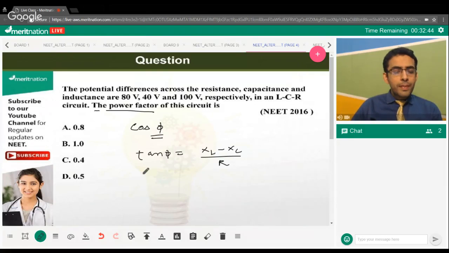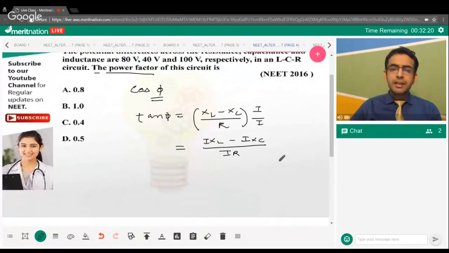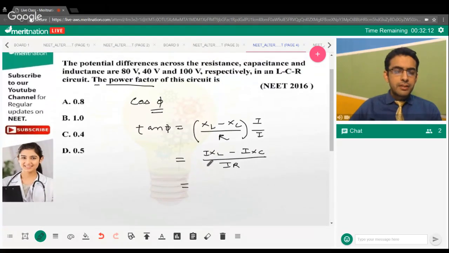If you multiply numerator and denominator by I, the current or IRMS, it becomes IXL minus IXC in the numerator, and IR in the denominator. These are actually the voltages across the inductor, the capacitor, and the resistor.